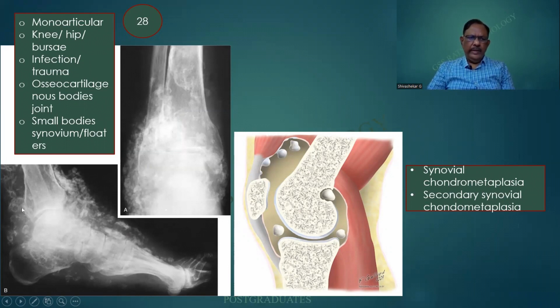That is why you find that there are radio-opaque bodies that are seen outside the bone and the joint space. Usually it is monoarticular. Knee or hip or bursae can be affected. Secondary to infection or trauma, you find osteocartilaginous bodies that are over there. Usually it affects the small bones and they might be present as floaters.